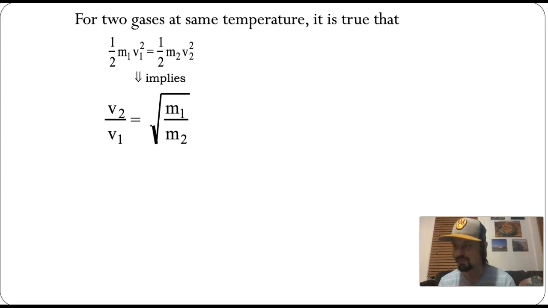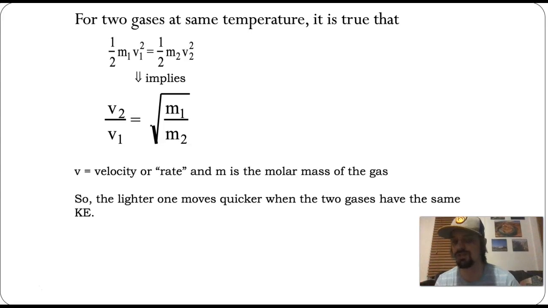For gases, there aren't exceptions. So I can rearrange this equation and compare a ratio of velocity of two things to the mass of two things. If I take the square root of the mass of the heavier substance over the lighter substance, I can figure out how much faster the lighter substance is going to move compared to the heavier substance.